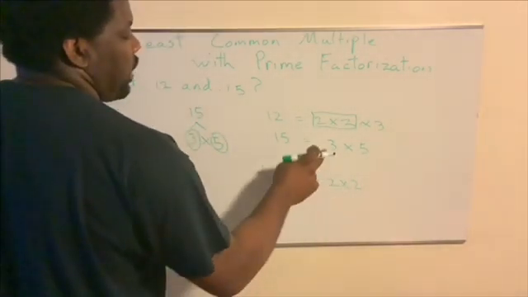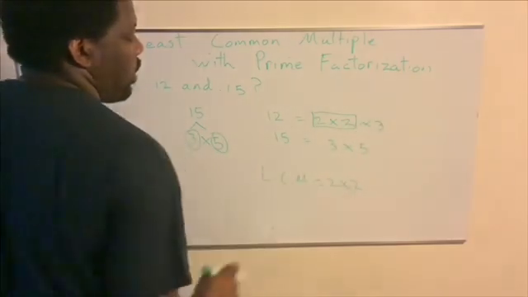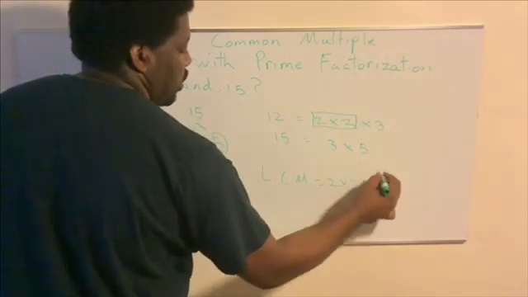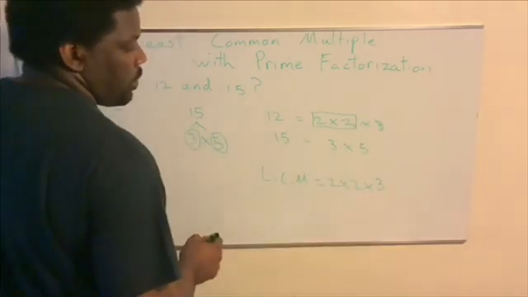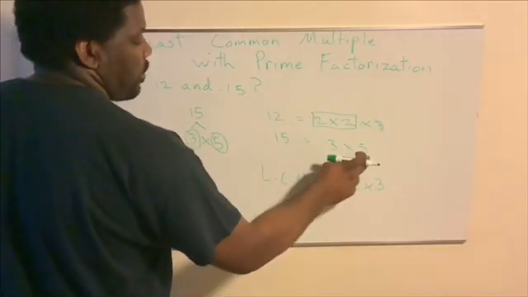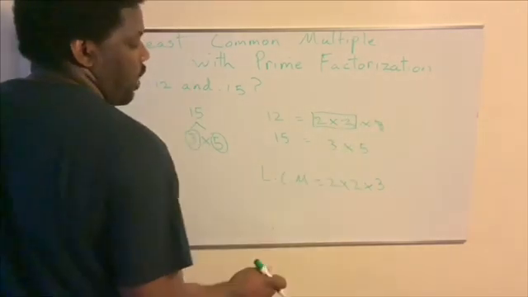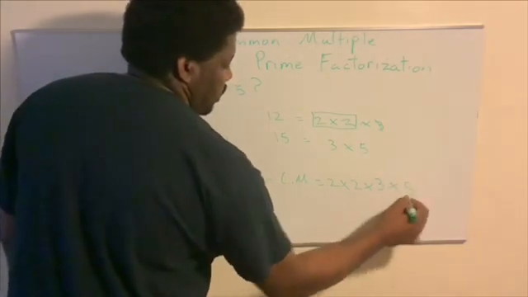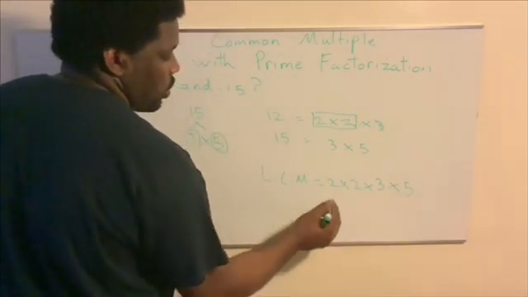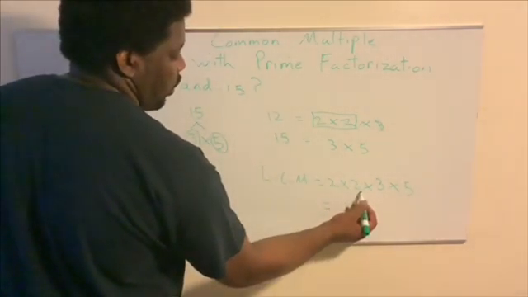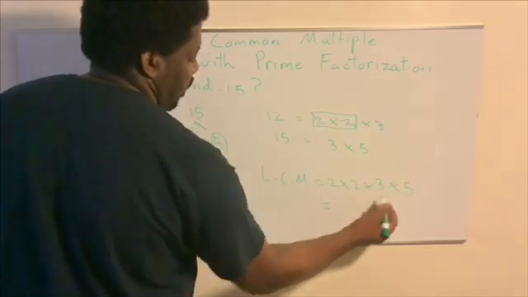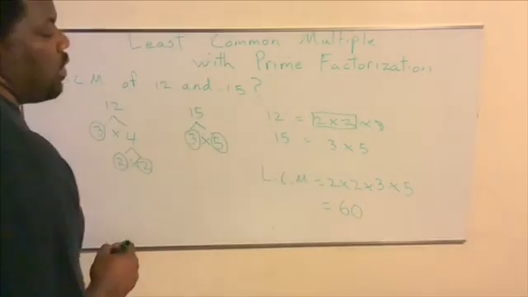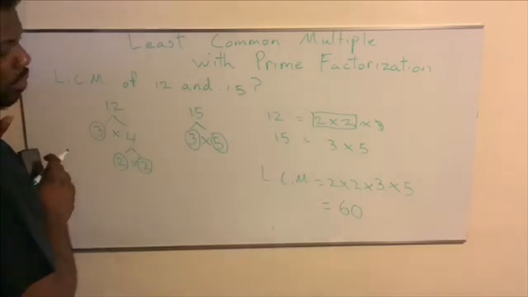Now we are comparing 3's. We have 1 three here, and 1 three here. None is greater, so we only go with 1 three, and we can cross out this one. We're comparing 5's. There's 1 five here, and we don't have any in the other number, so we just go with 1 five. So 2 times 2 is 4, 4 times 3 is 12, and 12 times 5 is 60, as we got in our previous method by listing.